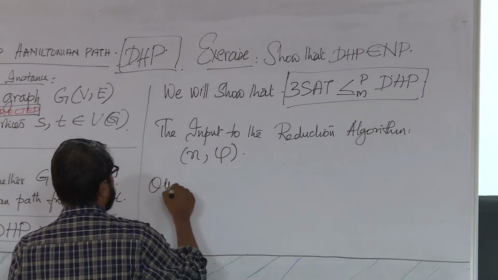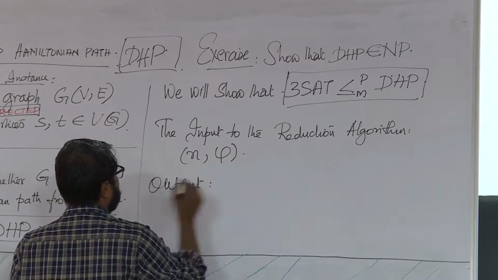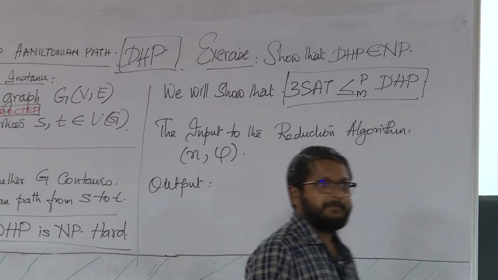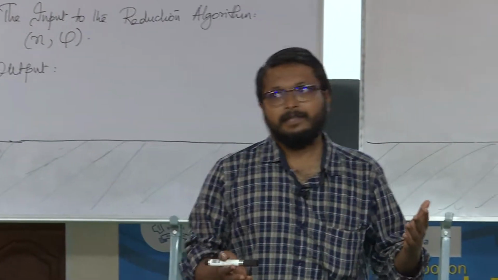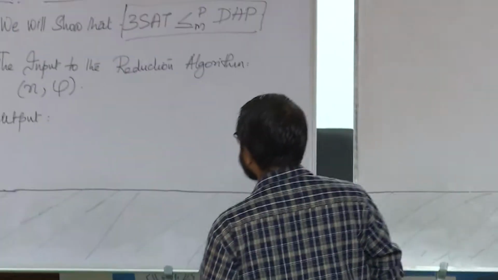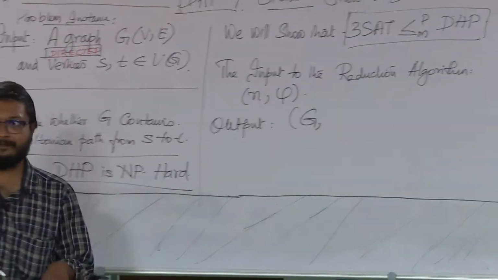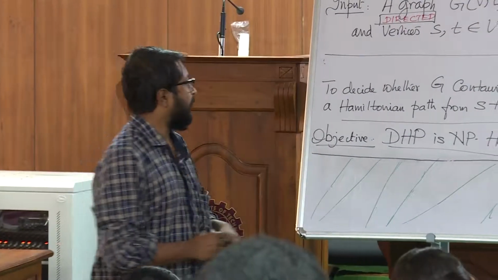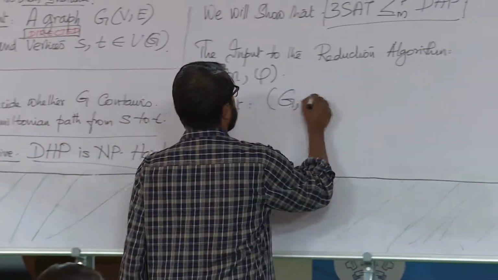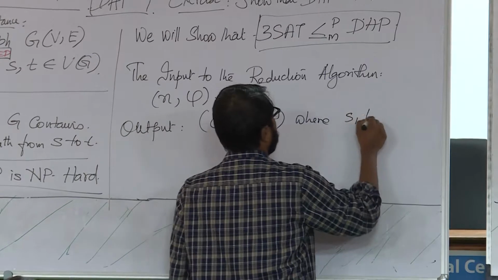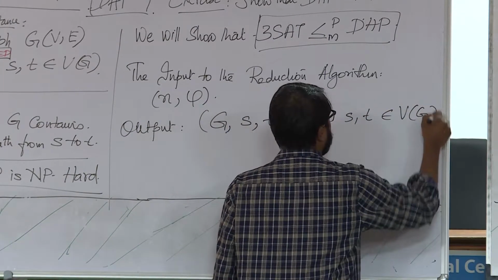Output: what should be the output of the reduction algorithm from 3SAT to DHP? A graph and a pair of vertices S and T, where S and T are vertices in the graph.